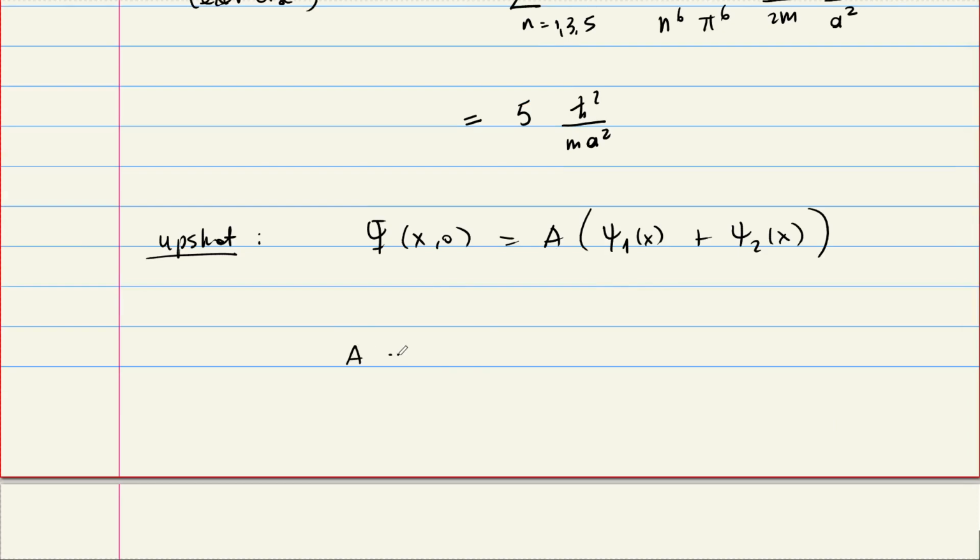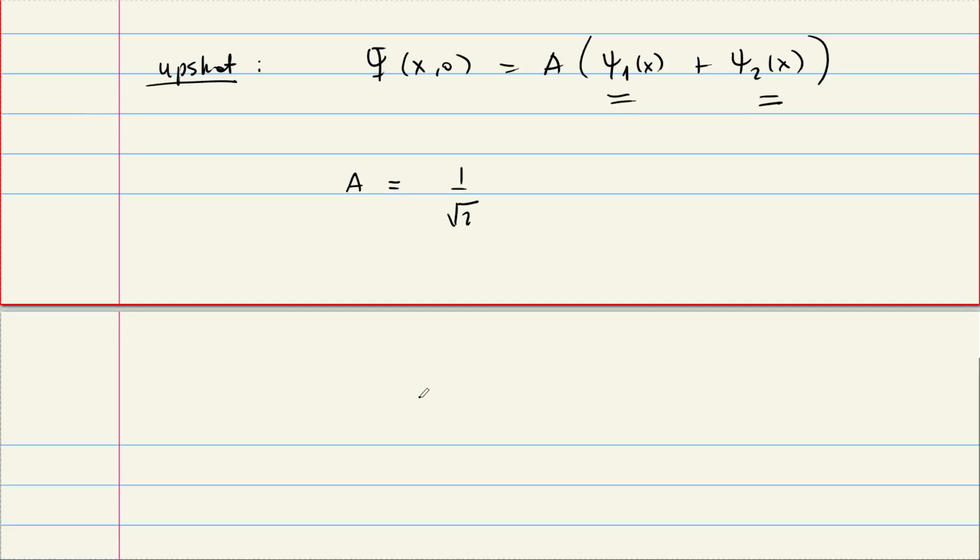So from normalization we can immediately conclude that a is 1 over square root 2, because these are orthogonal, and if you take the square, 1 plus 1 is 2, so I have to take 1 over the square root of 2 to normalize. The probability to have E1 is 1/2.